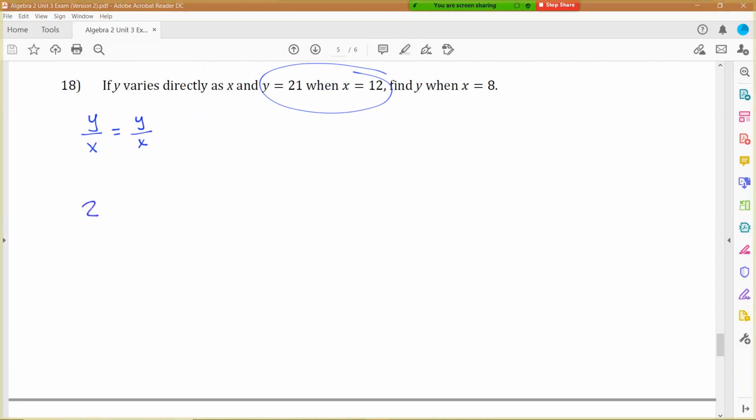So y divided by x, that first pair was 21 for y, 12 for x. So when I write my second fraction, I'm finding y. Y must go on top, so I'm writing y on top, and 8 on bottom. And are we cross multiplying? You betcha. So we're going to multiply these together and multiply these together.